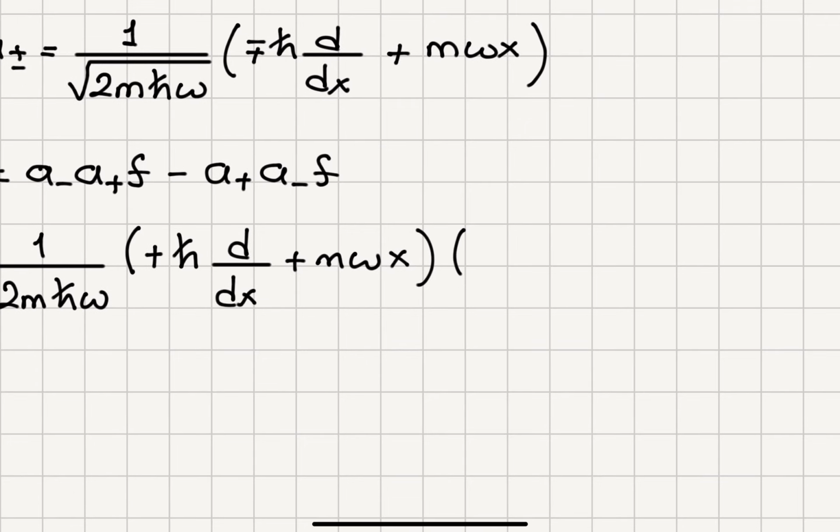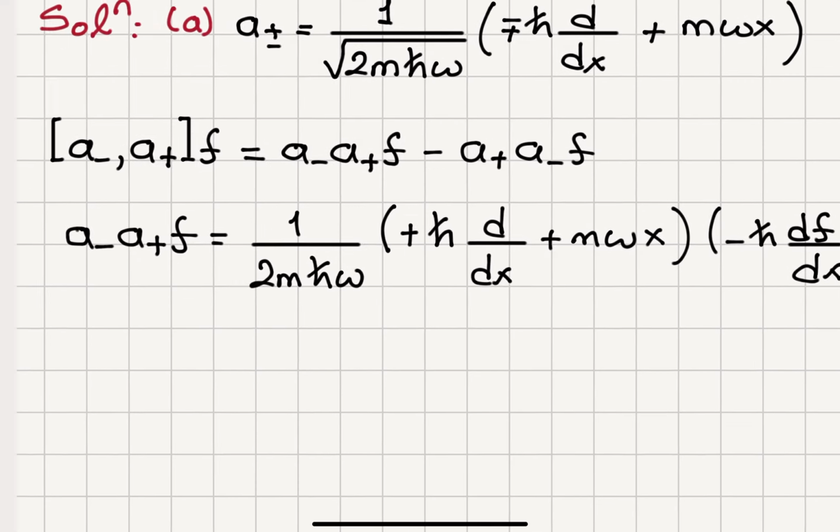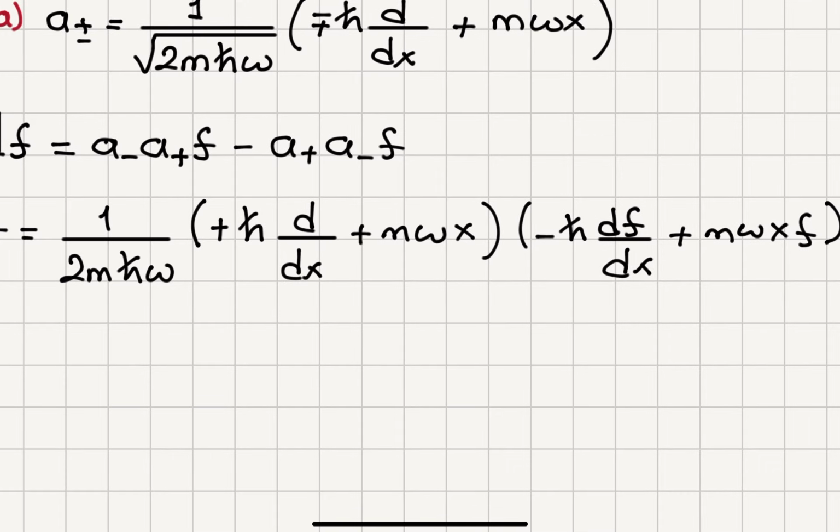This will be applied to the a plus operator on the function f: minus h bar df dx plus m omega x times f. Since the square root term appears in both applications, it is squared and the square root goes away. For a minus I have plus, and for a plus I have minus for this term, and this applied to f gives me this result.